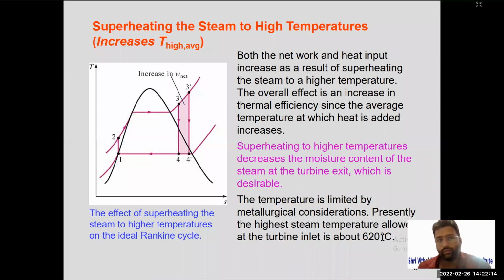So this is the second method of increasing efficiency, by superheating the steam. Okay, completed.